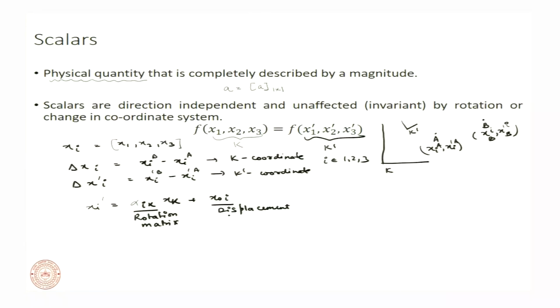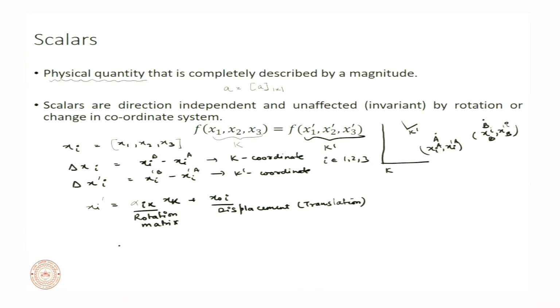The displacement or translation will move k to k prime, moving it from here to here, and the rotation turns it by a certain angle.